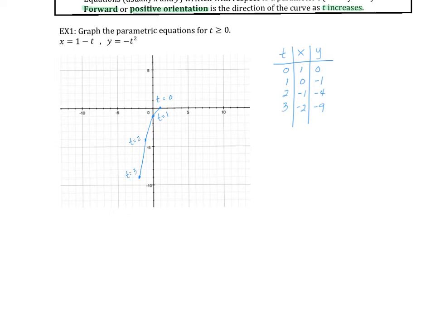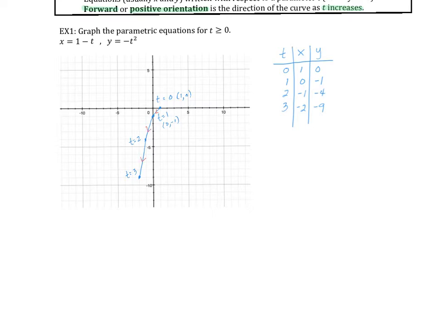And sometimes people will also write in the corresponding x and y coordinates as well. So we might in parentheses put in the point 1, 0, parentheses put in 0, -1, and so on. Something else we do with our graphs, if they're generated in a direction, is we'll put in arrows to indicate the direction that the graph is generated in.